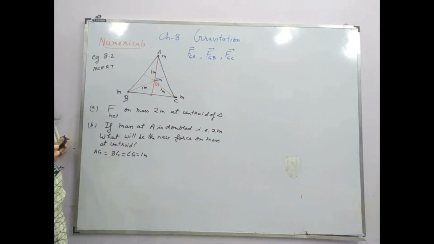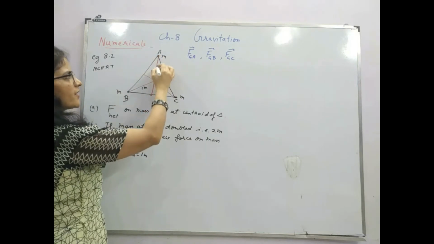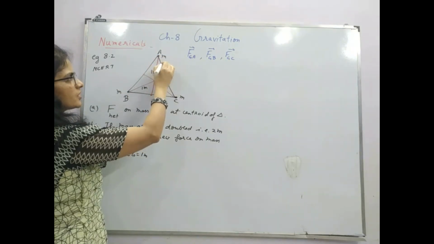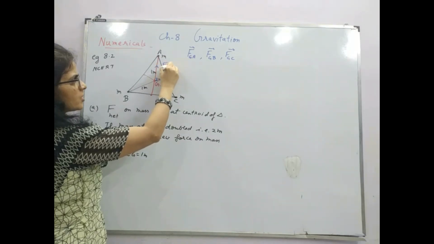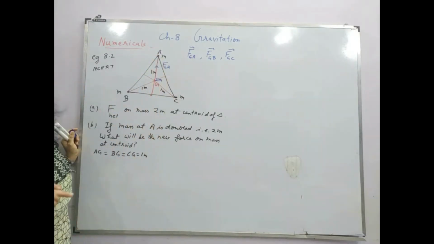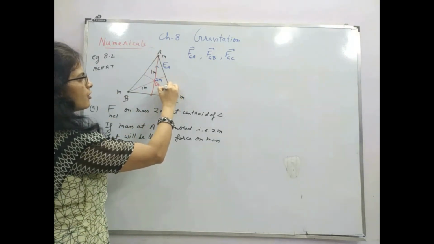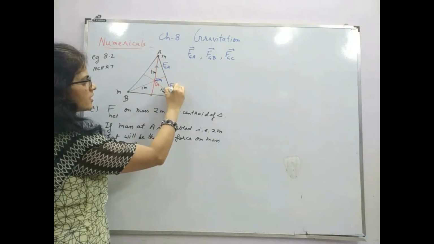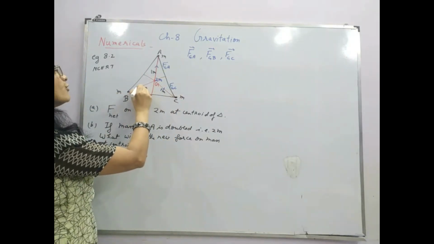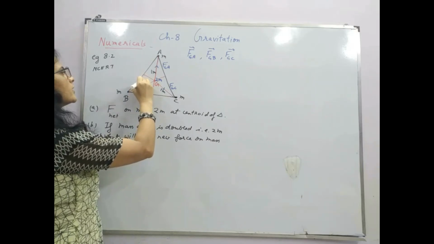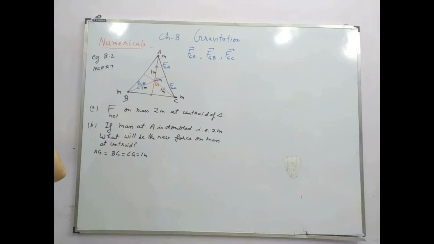The gravitational force is attractive. So mass at A will attract it towards each other. So I can say that force on G due to A will be towards A. Force on G due to C will be this way, and force on G due to B will be this way.